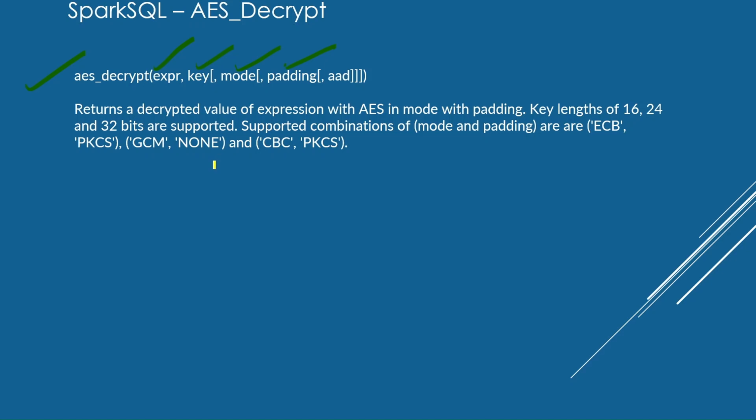Before decrypting anything, first we need to encrypt it. So encryption is based on the key, or on the key and the mode, and it is also based on the padding. Whatever combination we have used, key and mode, or key, mode and padding, we need to supply those here whenever we are going to decrypt the encrypted data.